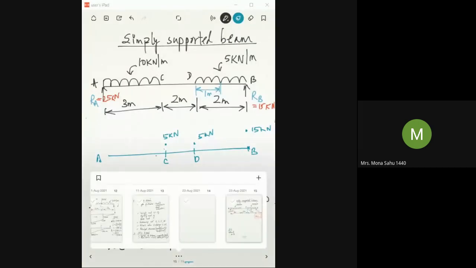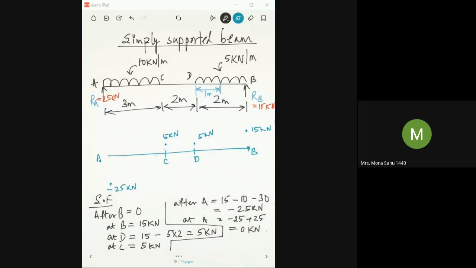And then 0. Okay, so for a shear force diagram we have learned last time is you need to just join the points. I'm joining these points. 1 second.